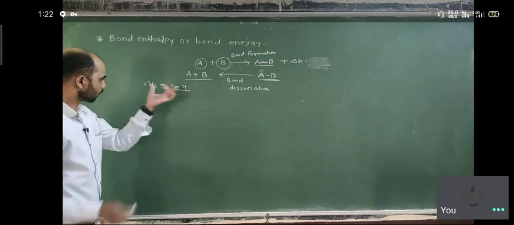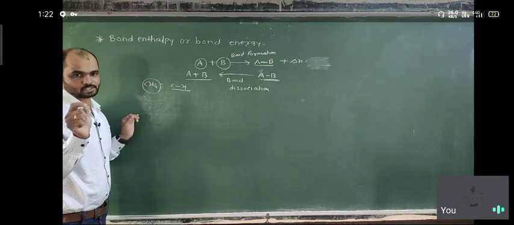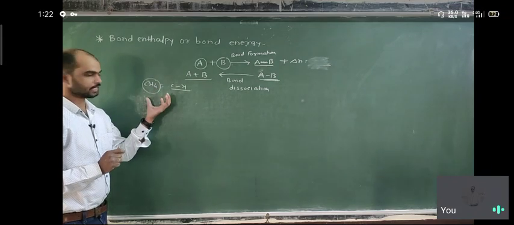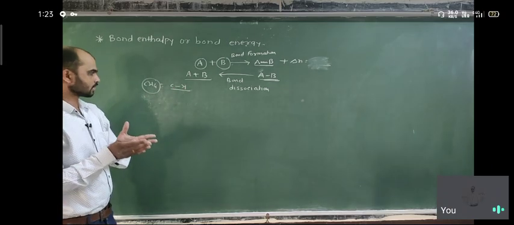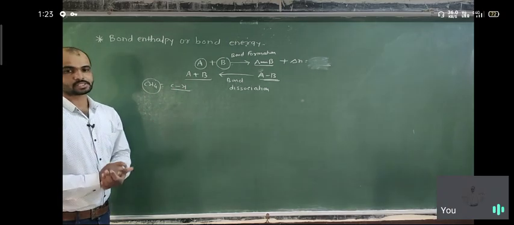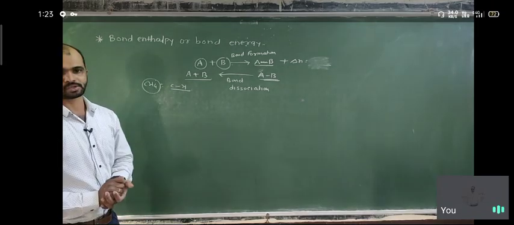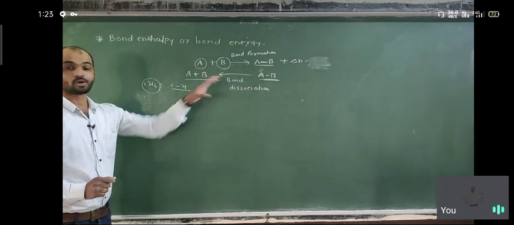So for polyatomic molecules we consider the average bond energy. The total energy is calculated and divided by 4, the number of C-H bonds, to get the average bond energy. This depends on the nature of the molecule, whether it is diatomic or polyatomic.